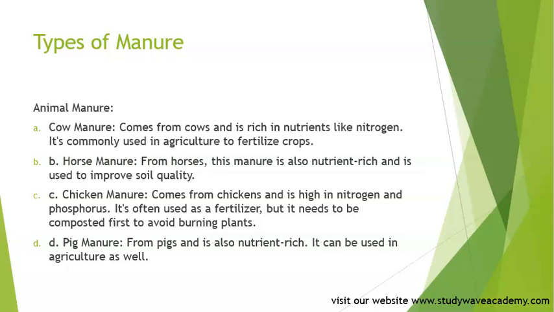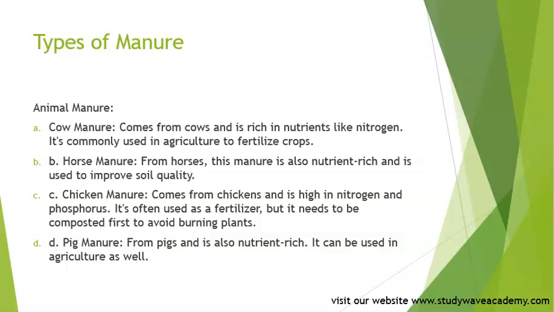Okay, we have the chicken manure. It comes from chickens and it's high in nitrogen and phosphorus. It's often used as a fertilizer, but it needs to be composted first to avoid burning plants.